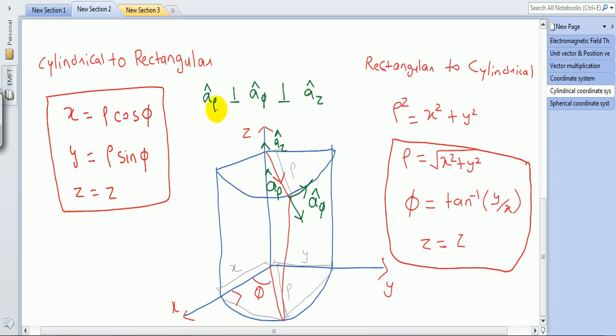So their dot products like a rho cap dot a phi cap, or a phi cap dot a z cap, or a z cap dot a phi cap will be 0, and a rho cap dot a rho cap will be 1. Similarly we can do this as in the case of the rectangular coordinate system.